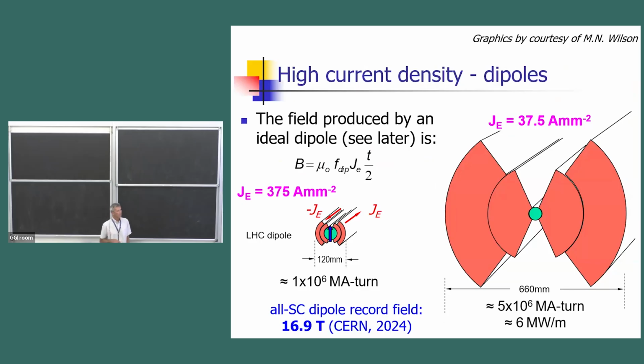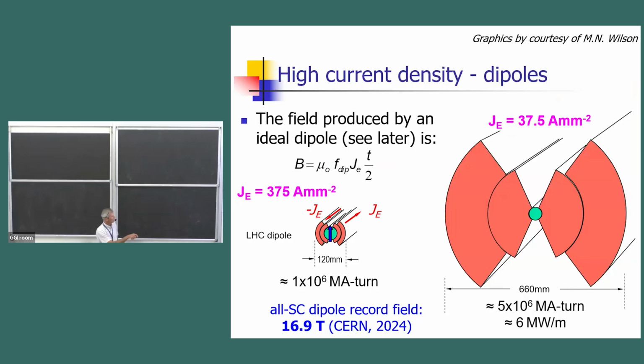Okay, high current density, let's take the example of a dipole, okay? As you can imagine, if you flow current in a conductor bar, long in one direction, and the current comes back in the conductor bar in the other direction, you generate a field in the space between the two bars.